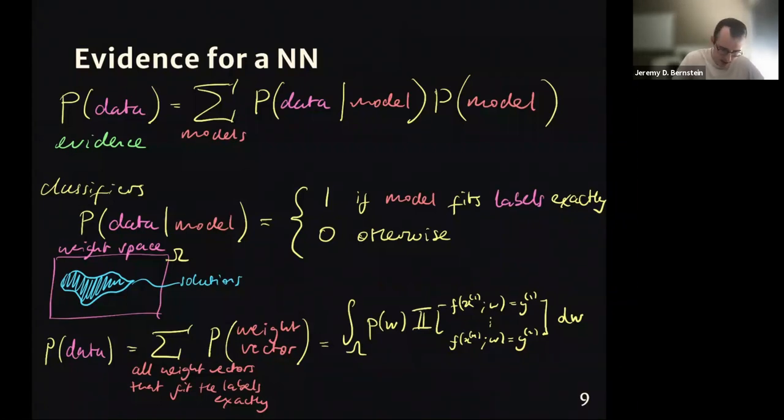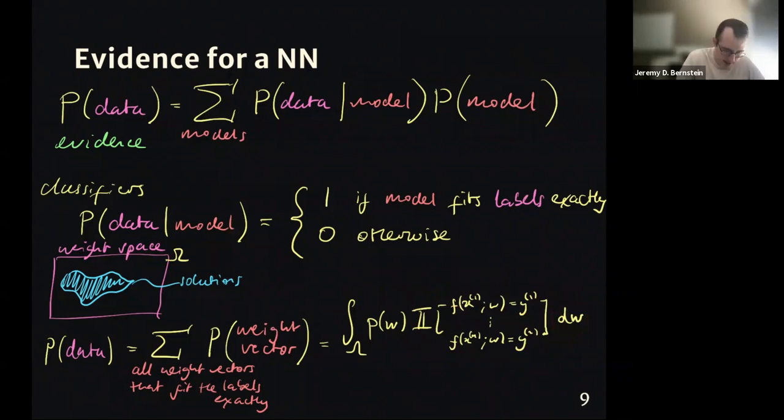This is just writing out the evidence as an integral, rather than a sum, because that was informal and freewheeling. Here it's actually an integral. I have some kind of prior measure on weight space, which could be Gaussian or something else. Then I have an indicator function which tells me, does the classifier implied by that weight vector fit the first data point? Does it fit the nth data point? And I have a volume element.